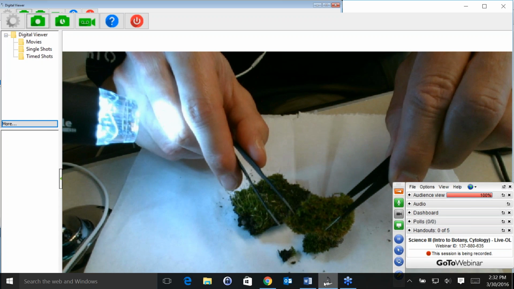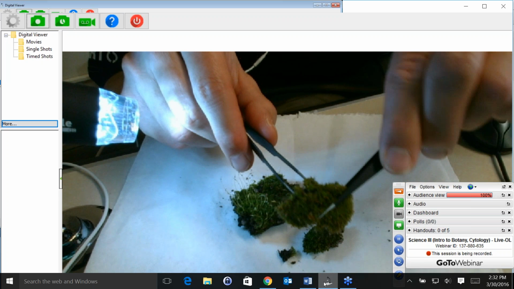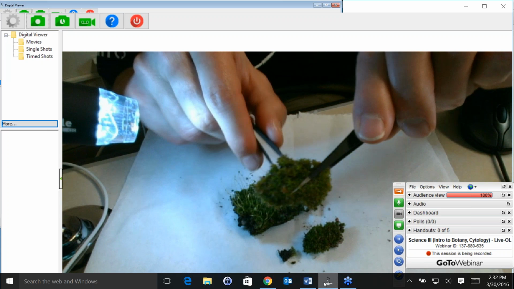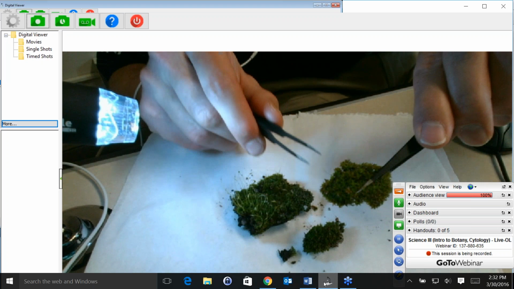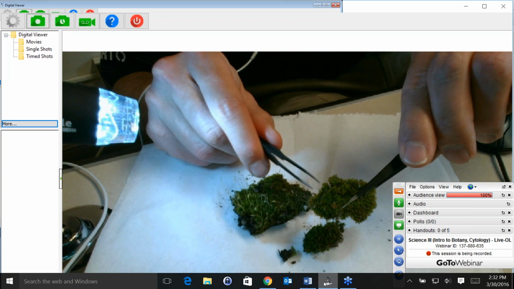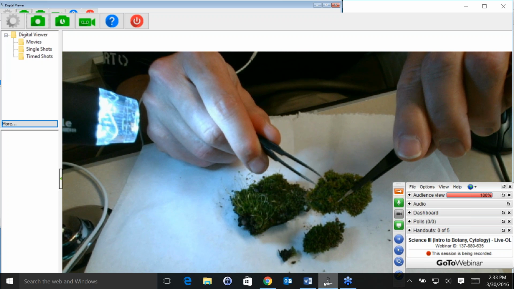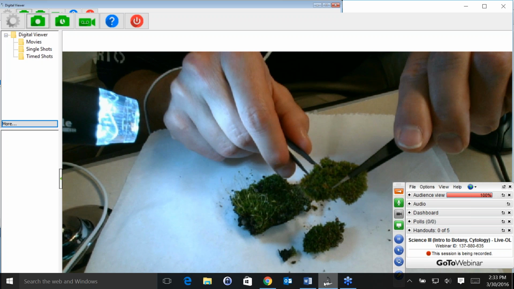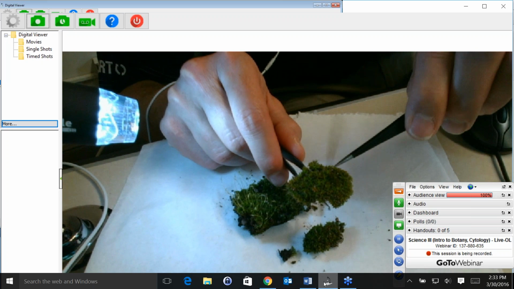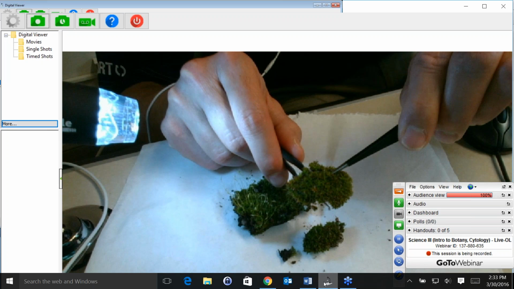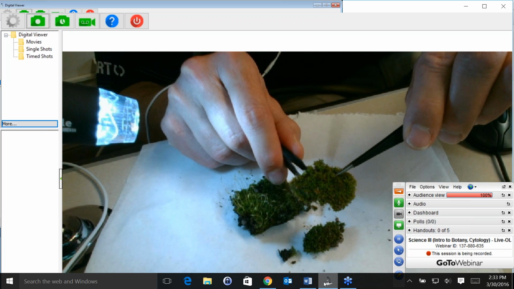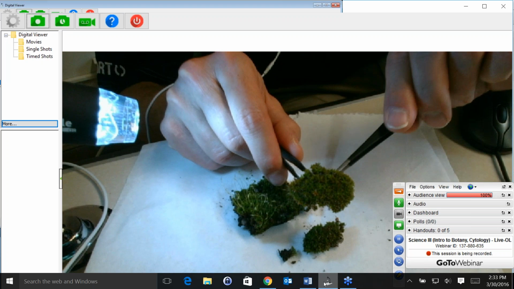So you see the gametophyte part of the plant, and look at the size of things. So some of these gametophytes are male and some are female, but you really cannot distinguish them by the naked eye. You would have to really go microscopic in order to find which one is which.